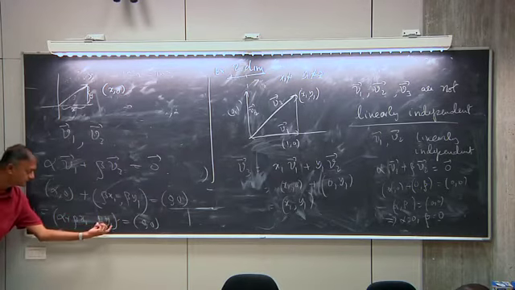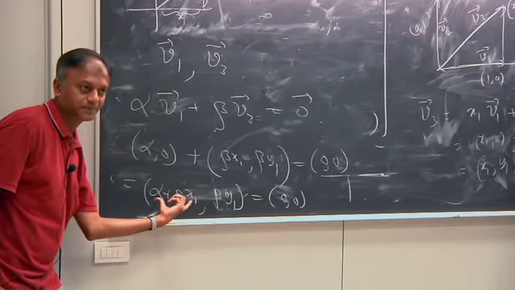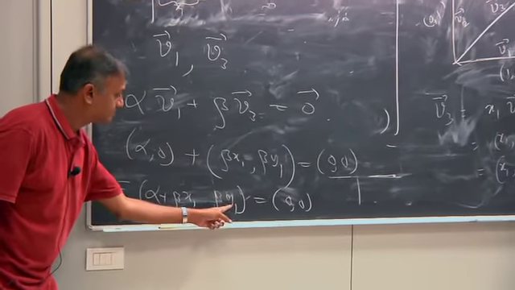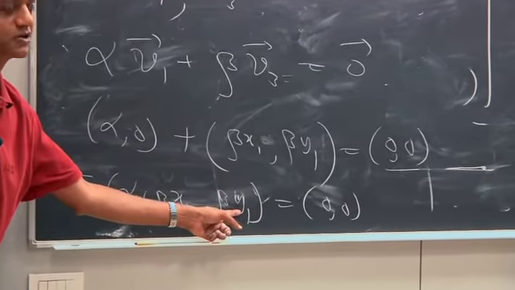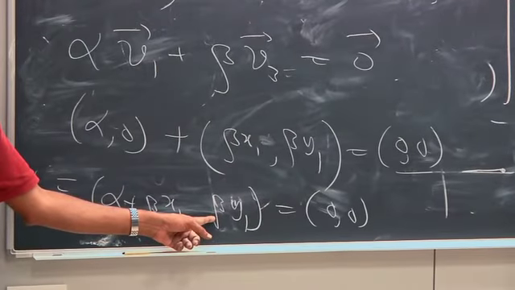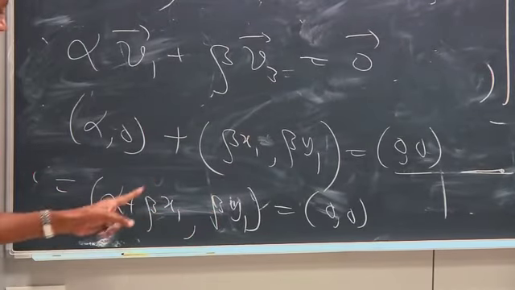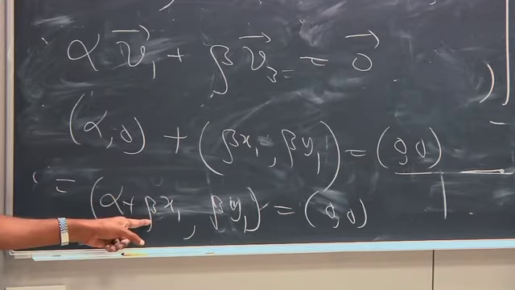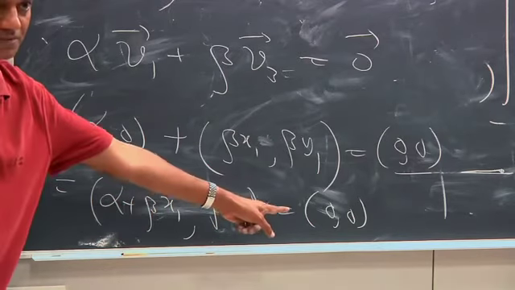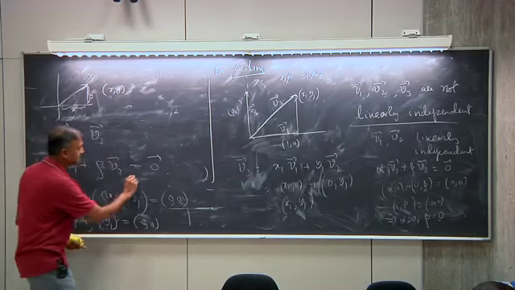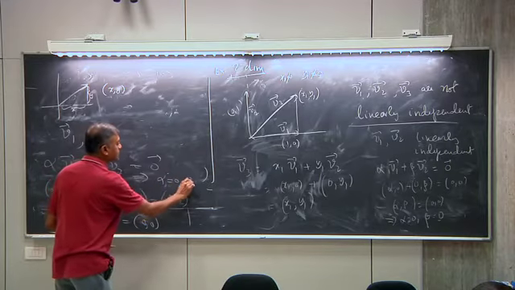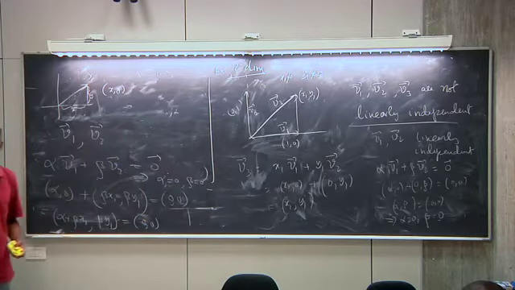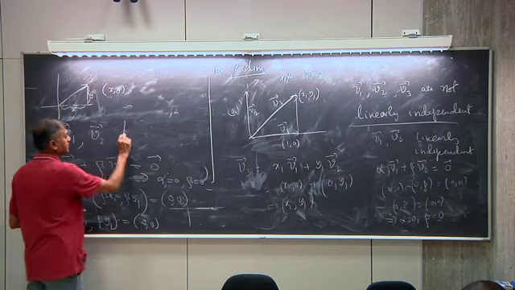This implies that this must be 0 and that must be 0 separately, right? Now, beta times Y1 is 0, and since I know Y1 is not 0, the only possibility is that beta must be 0. But if beta is 0, this term drops out and you get alpha equal to 0. So again, this implies that both alpha equal to 0 and beta equal to 0. So these are linearly independent.